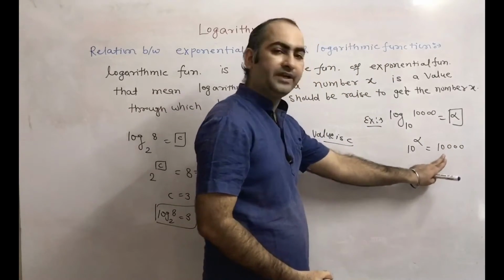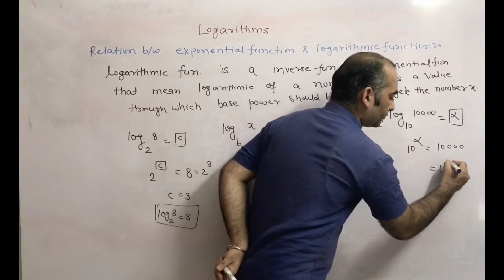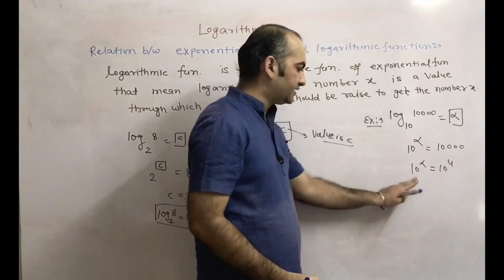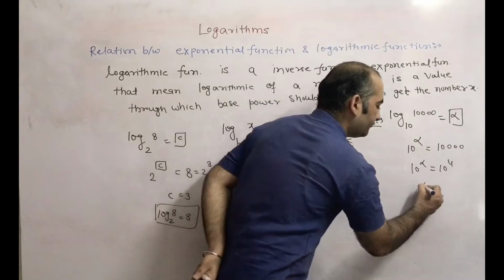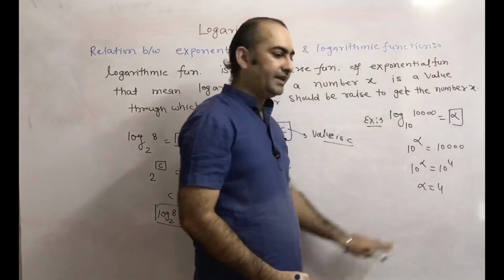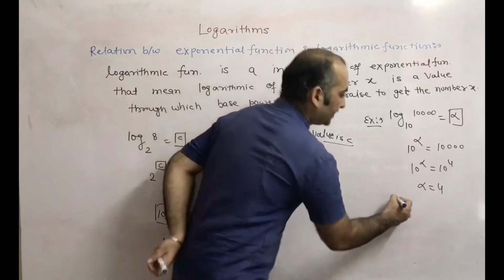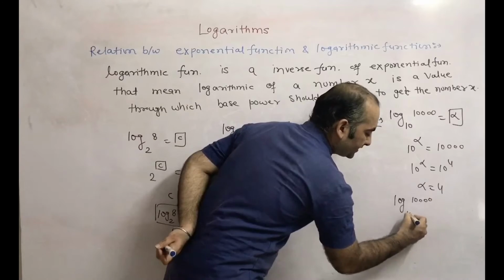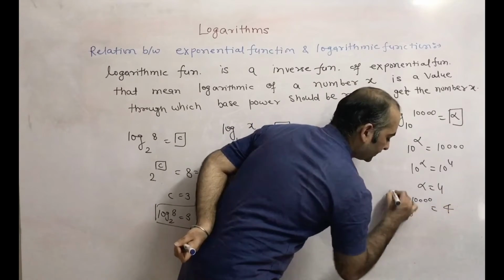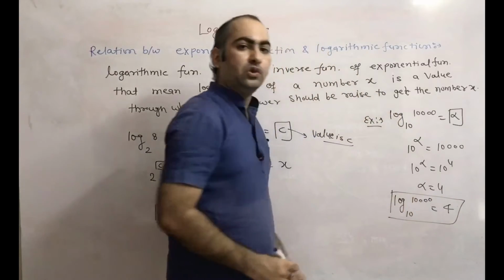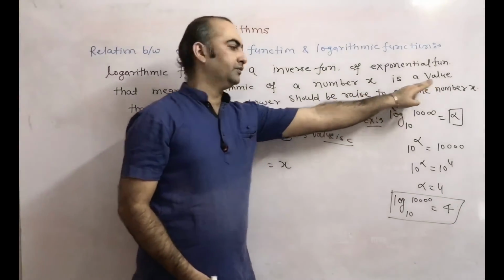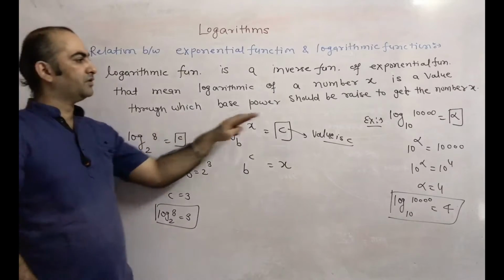So 10,000 we can write as 10 power 4. So 10 power alpha equals 10 power 4, so alpha must be 4. That means log 10,000 to the base 10 is 4. That's your answer.